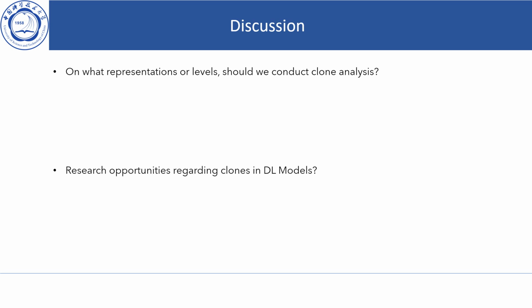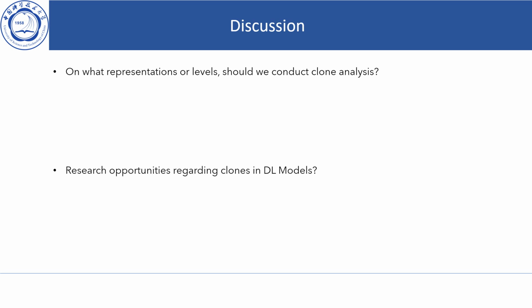So, as for the research opportunities regarding clones in deep learning models, we can take the traditional software clone as an example. The traditional software clones have many applications such as code recommendation, refactoring, code smell analysis, and fault localization.